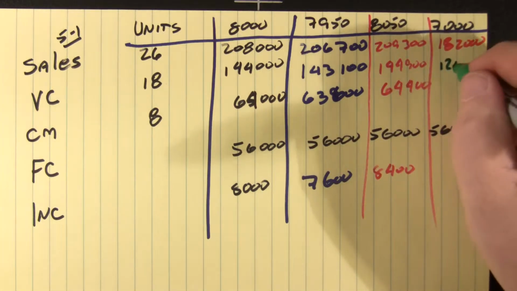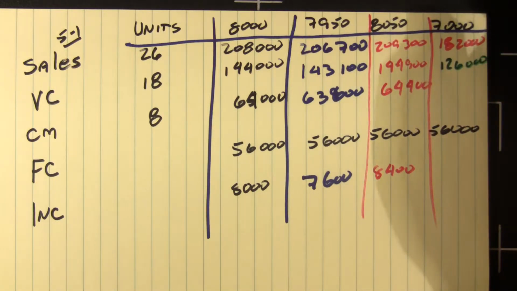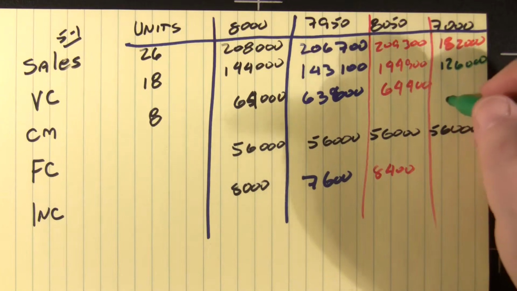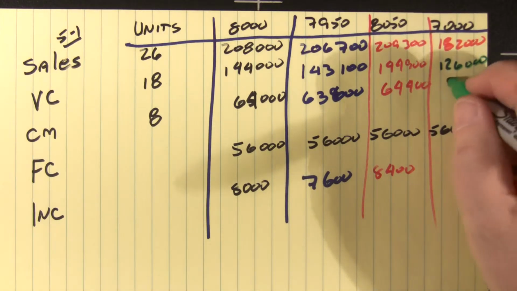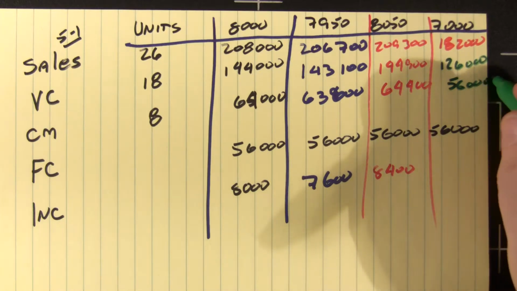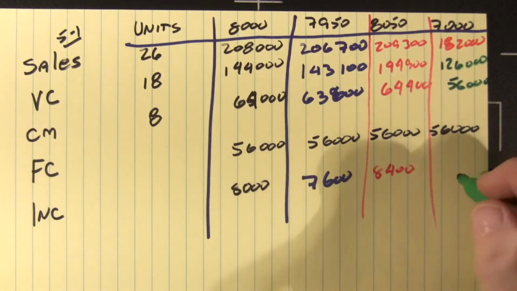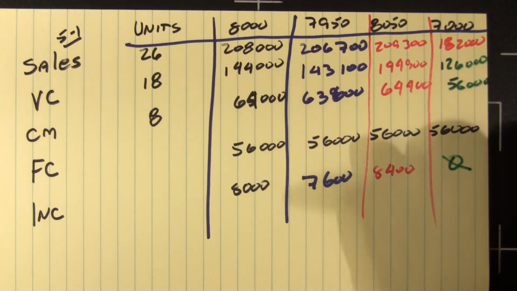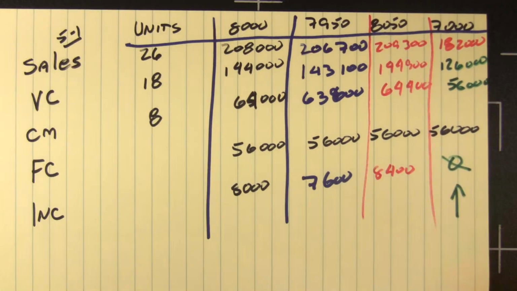That's 126,000. Our contribution margin is now 7,000 times 8. That's 56,000. And 56,000 is exactly our fixed cost. So our operating income is 0. That's the break-even point. Now that's the way the text wants you to do it.